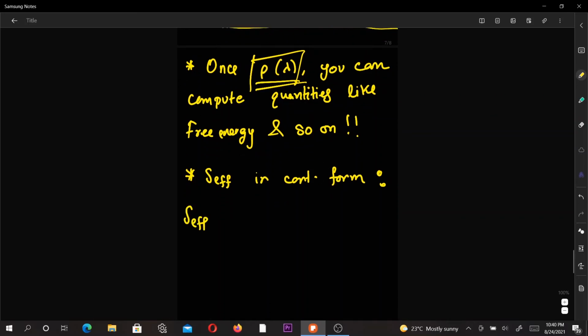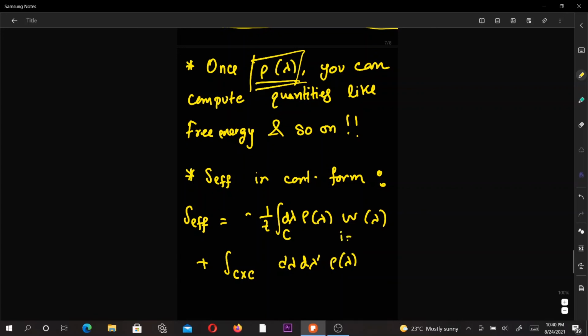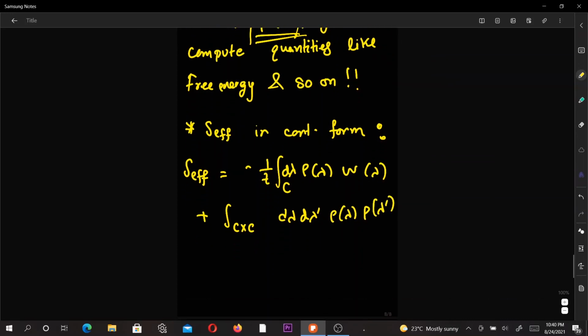So the effective action is the integral over the interval of rho of lambda, w of lambda, that is the first term, and the second term, since you have two eigenvalues with i not equal to j, you need two different density functions for this scenario, and log of lambda minus lambda prime.